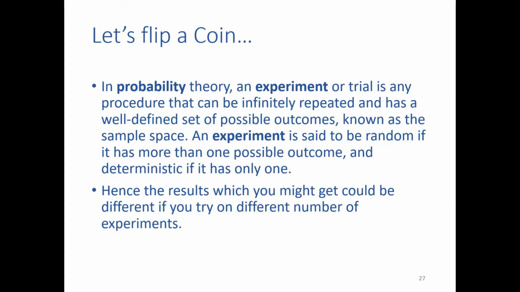You will have, let's say, around 40 heads and around 60 tails. The probability of getting a heads would be 40 divided by 100, that is not 50%. The probability of getting tails would be 60% in this case.